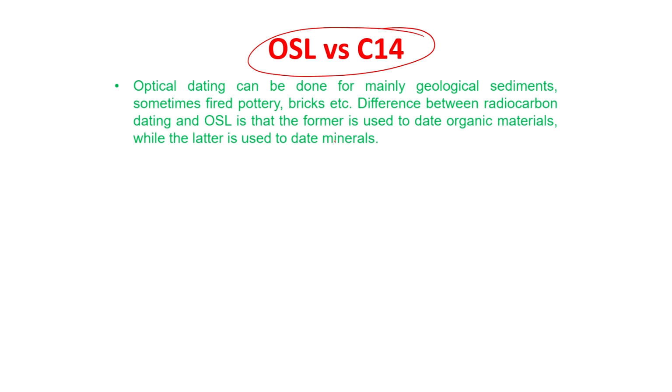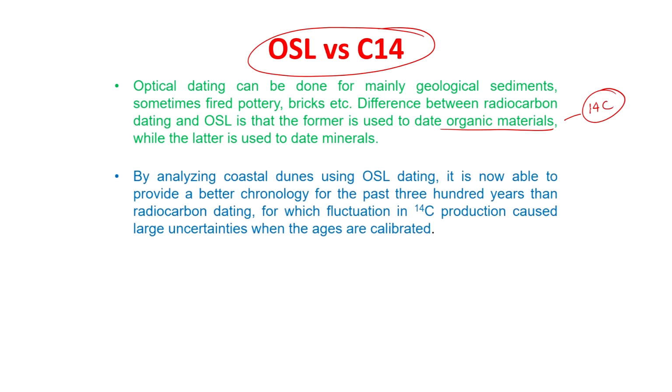So we are using the OSL to date the minerals, and this is for your 14C, okay, mainly. By analyzing coastal dunes using OSL dating, it is now possible to provide a better chronology for the past 300 years than radiocarbon dating.